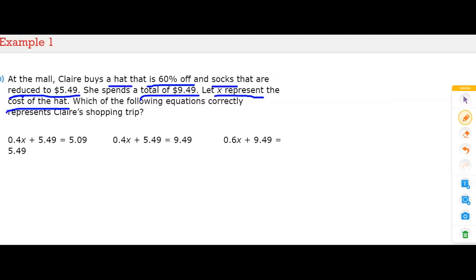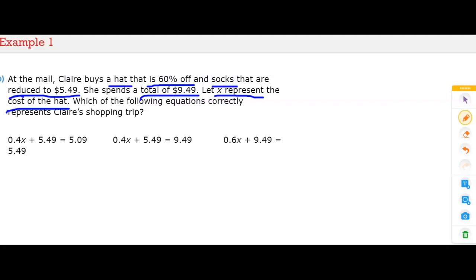Which of the following equations correctly represents Claire's shopping trip? So we have to decide which one of these works best. So first, we know X is going to represent the total cost of the hat. The information we know about the hat is that it's 60% off.